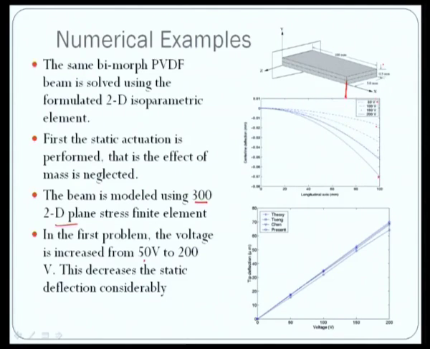The other one we have considered is, for a given voltage, how the theoretical tip deflection varies. We have given the deflected shape of a beam and also the graph relating the voltage to the tip deflection. As the voltage increases, the tip deflection increases.